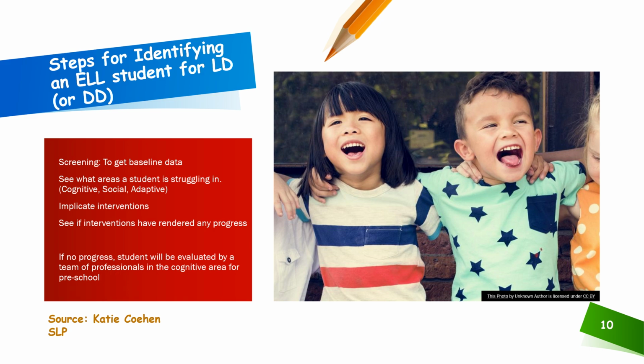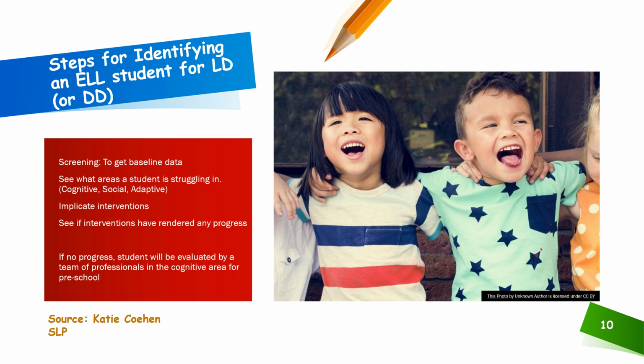It could be cognitive, social, adaptive, communication, or motor, but really the teacher is able to implement interventions for cognitive, social, and adaptive. If there are communication worries, then the speech language pathologist will give those teacher interventions for that student. The next step is to implement those interventions with the student and see if they render any progress by the end of them.